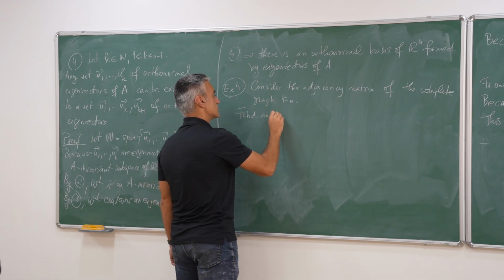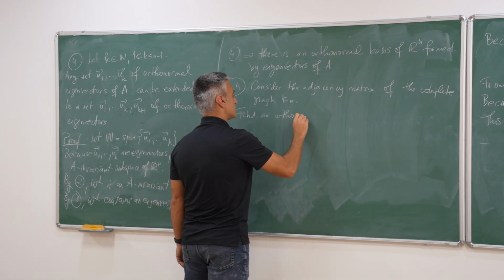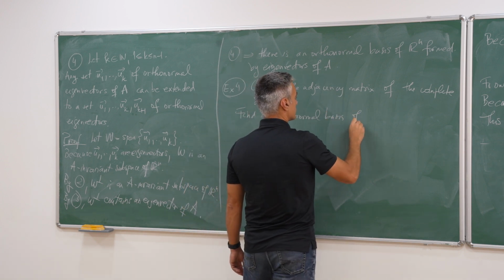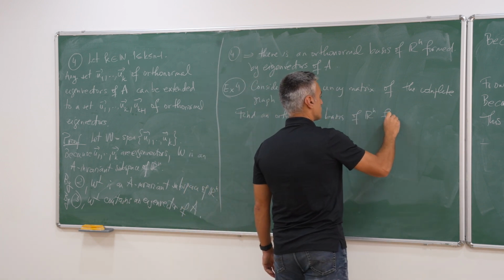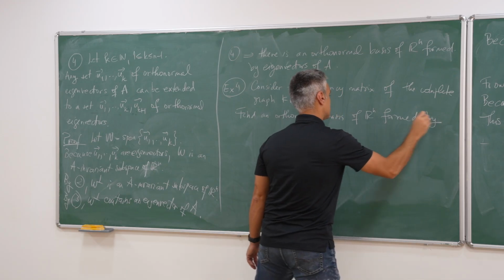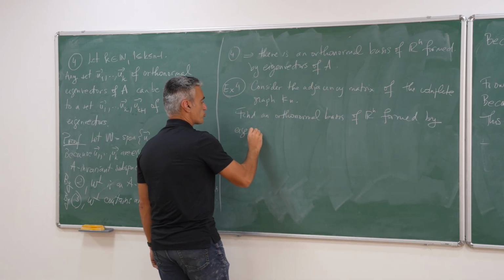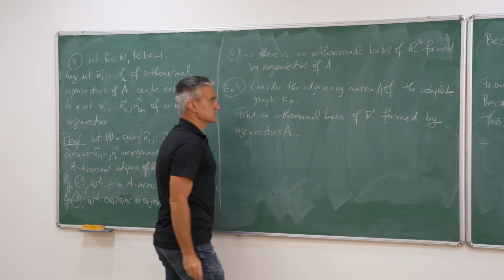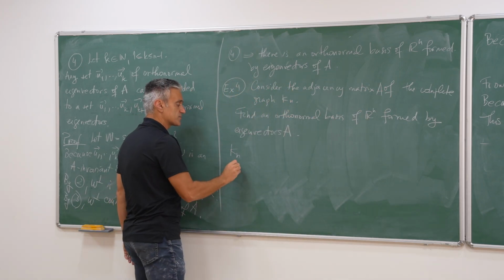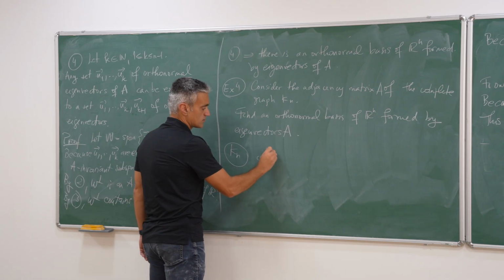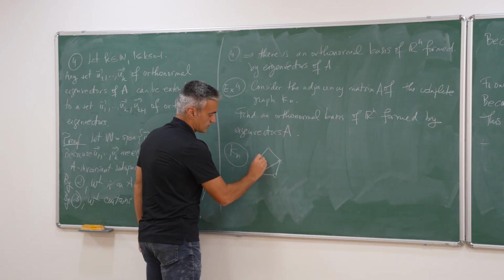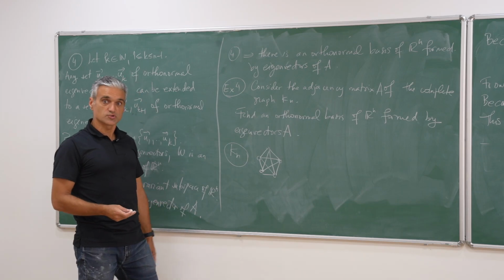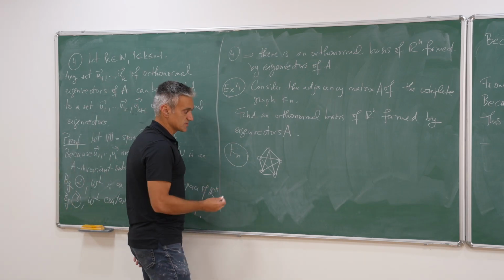Find an orthonormal basis of Rn formed by eigenvectors of A. I'm jumping a little bit ahead, but the complete graph Kn has all n vertices, with any two distinct vertices joined by an edge.